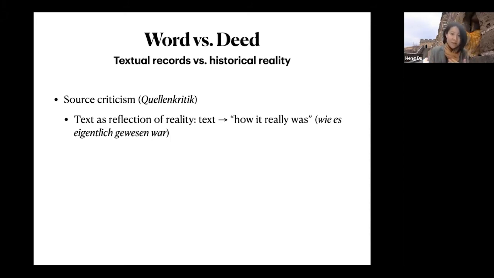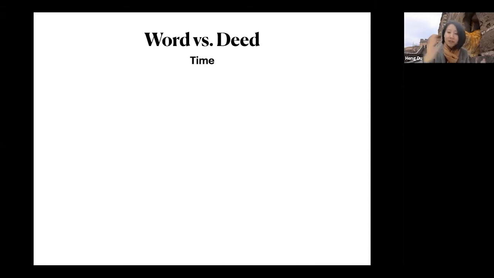And so the question of when this text is dated to, whether it's authentic or not, and so on. And of course, that has strong parallels in the Chinese tradition as well, for instance, in kaozheng or evidential learning.